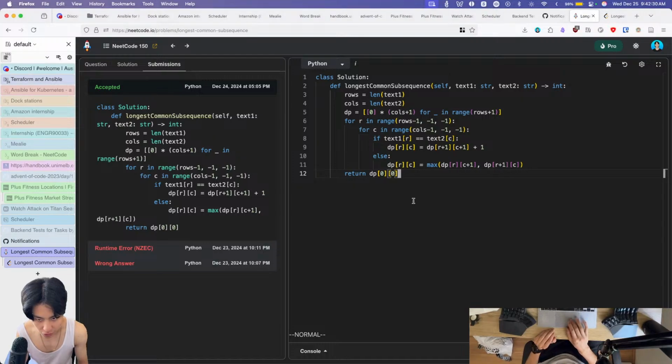So yesterday I tried this longest common subsequence problem again, and I do understand it better.